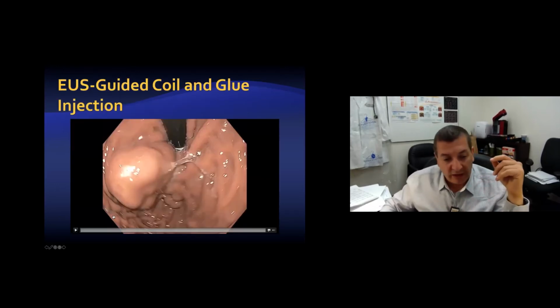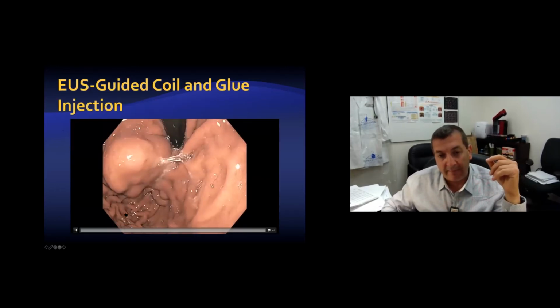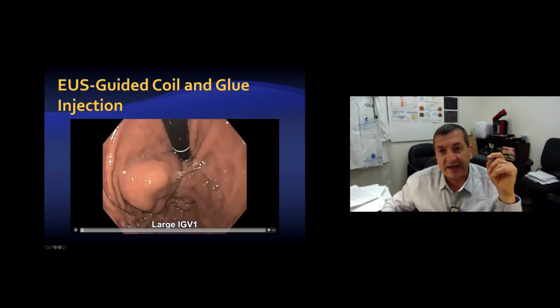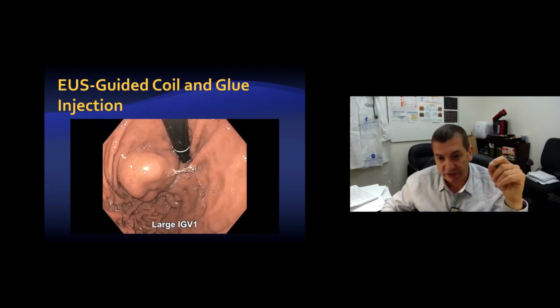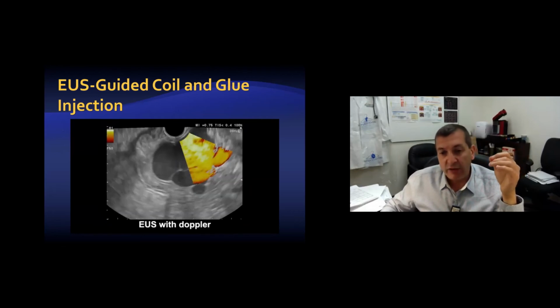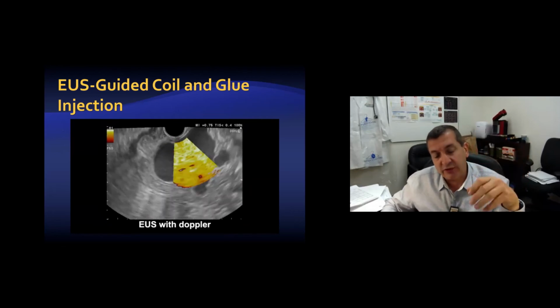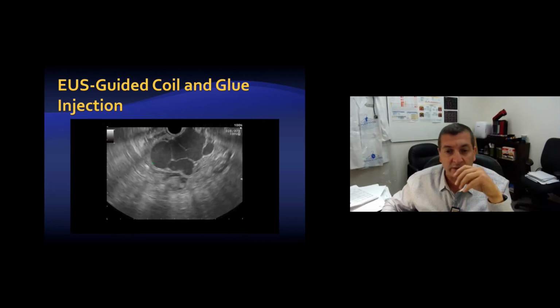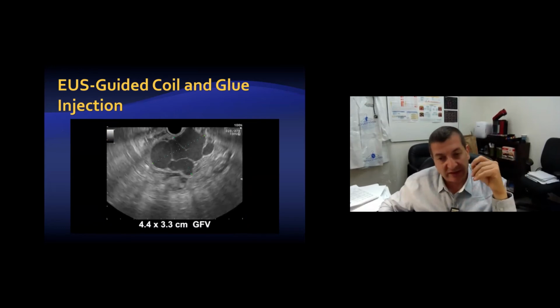Also, another thing that we can use EUS for is EUS guided coil and glue injection. This is a large gastric varix, and you can see here when you put Doppler on it that the varix is quite large, measuring 4 centimeter by 3 centimeter.